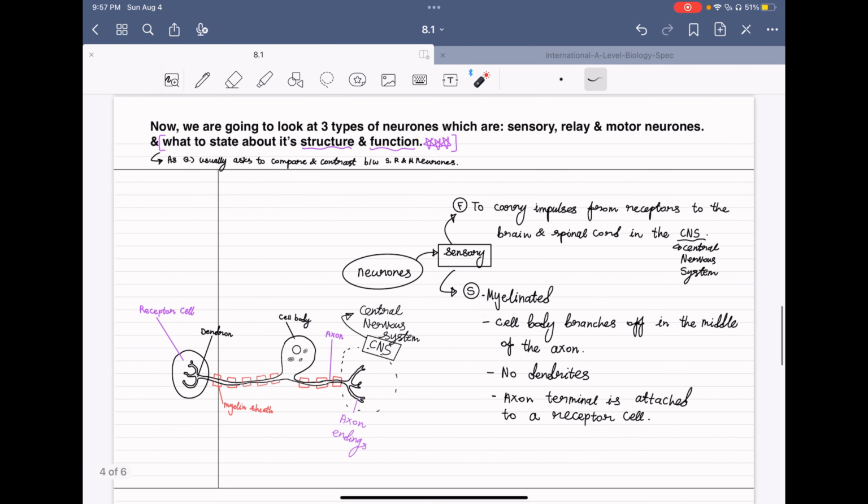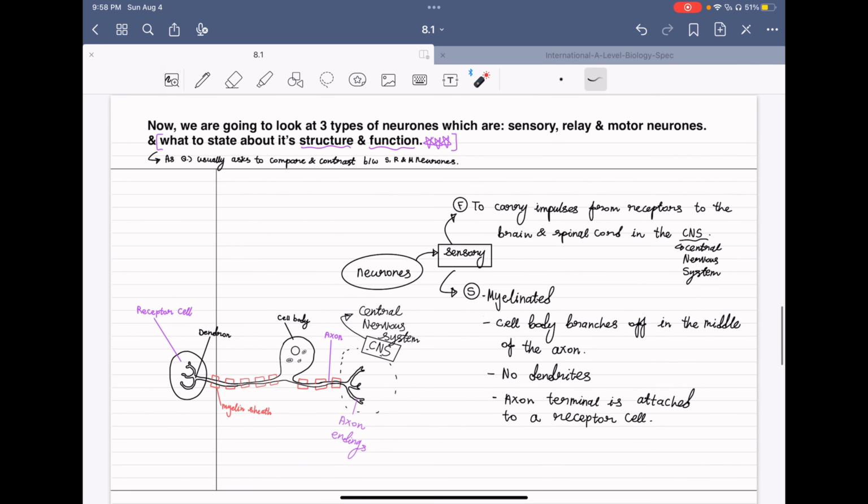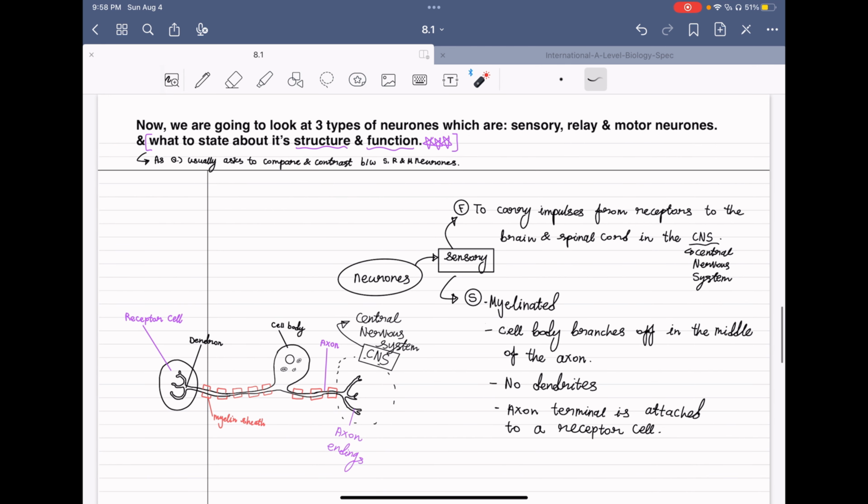Now we're going to look at 3 types of neurons, which are the sensory, relay, and motor neurons, and what to state when the question asks about their structure and function. This is very important because, if I'm not mistaken, it carries around 4 marks, which is quite high. And the question in past papers will usually be like compare and contrast between these 3 neurons.